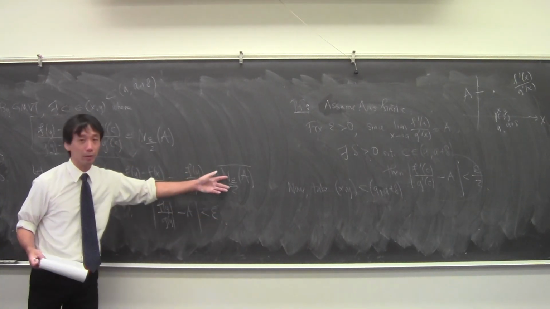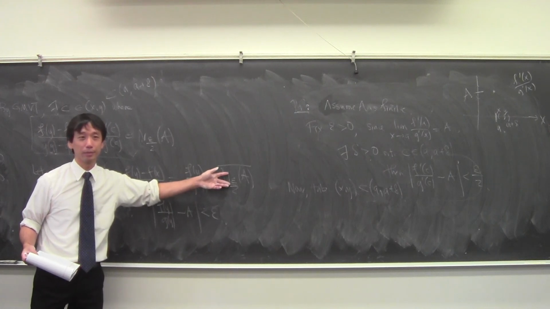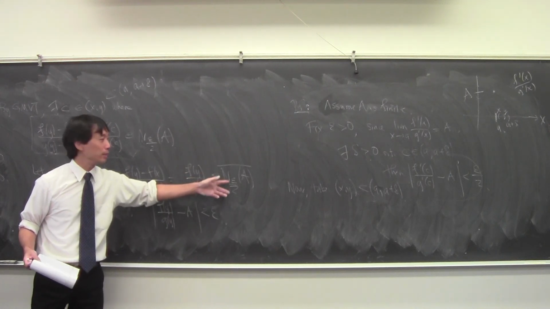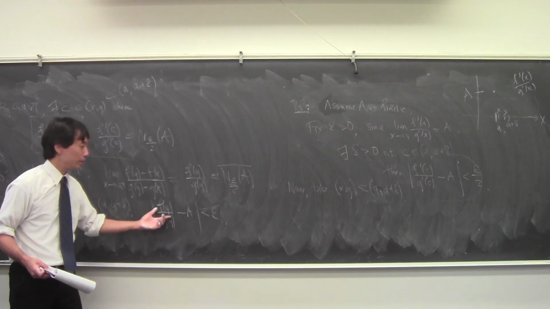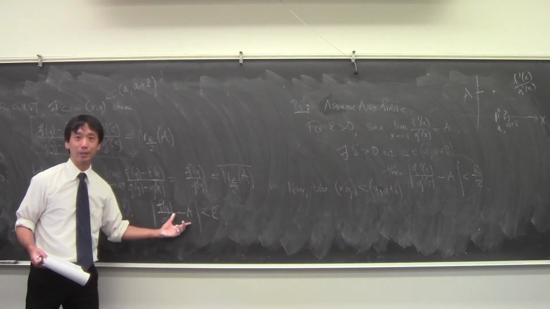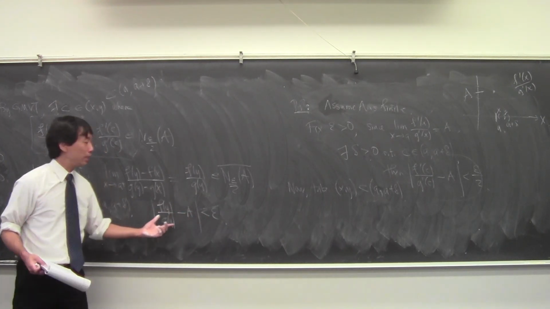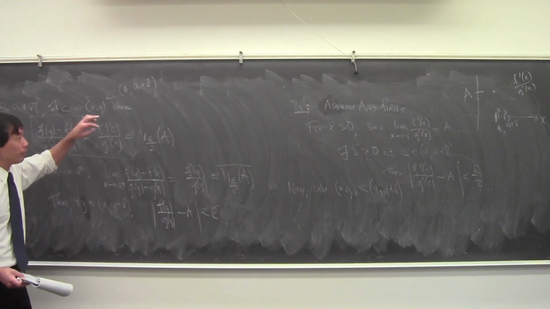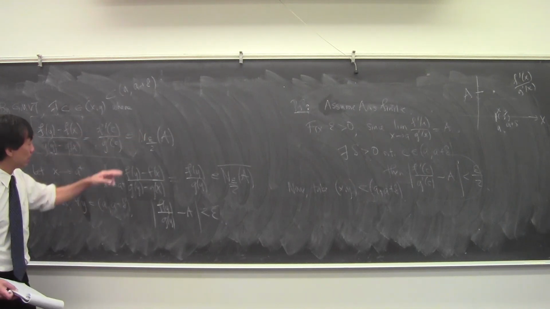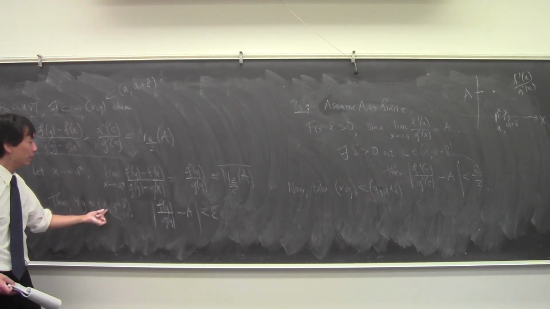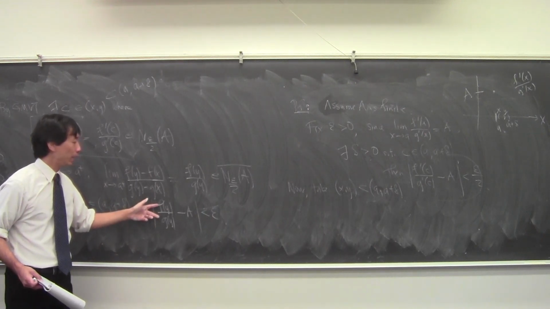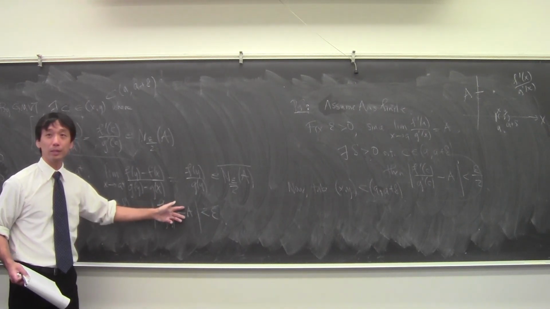Because it's within the closed epsilon over 2 neighborhood, so it's certainly within the epsilon neighborhood. Okay. So what does it tell us? That tells us that whatever epsilon we choose, we can find a neighborhood of a in which f of y over g of y is close to a.